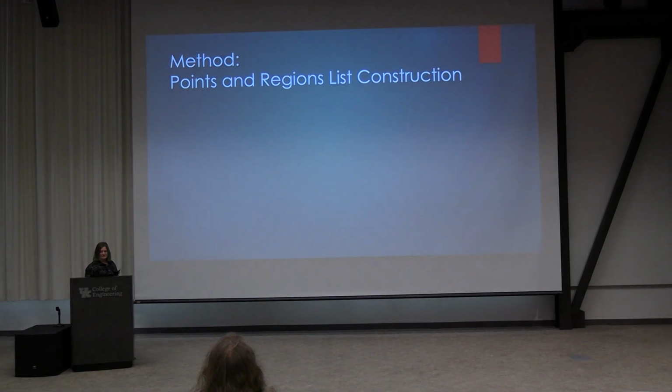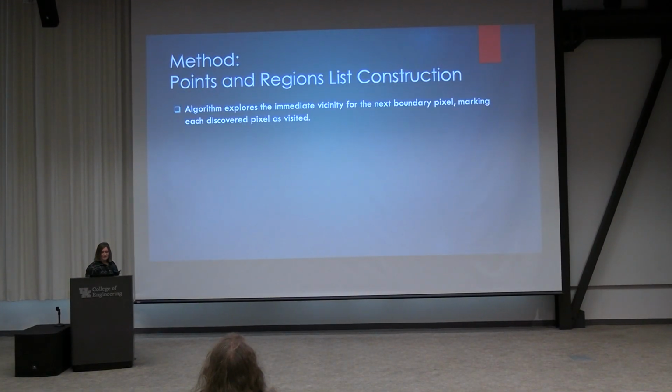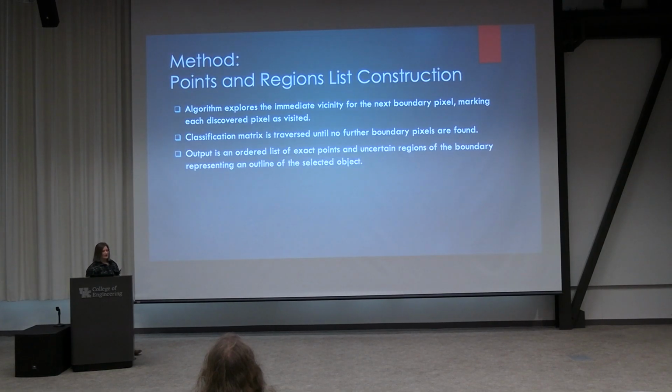Again, we search for the next boundary pixel within this sliding window, and as we find next pixels, we mark them visited, so we do not repeat the process for pixels that have already been visited. The classification matrix is traversed until no more boundary pixels are detected. The output of this step is a large list of all the points and all of the uncertain regions within the classification matrix.